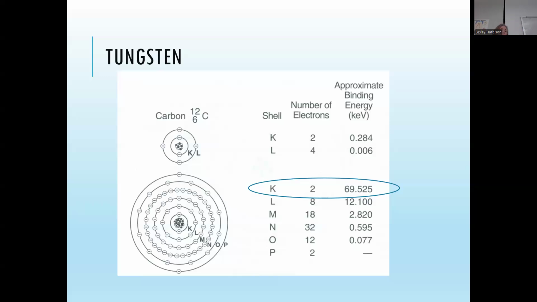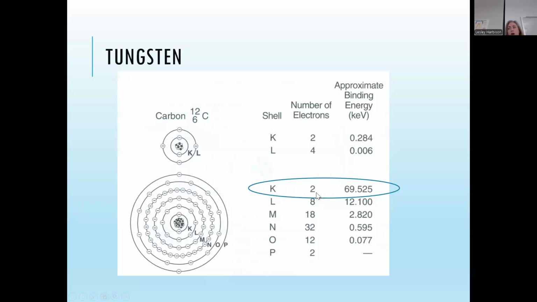Okay, so this is that same slide from before where I was talking about thinking of this metal as not just a solid piece of metal in the form of a target or a filament, but also atoms, trillions of tungsten atoms. So here we're highlighting the K shell, the innermost shell.